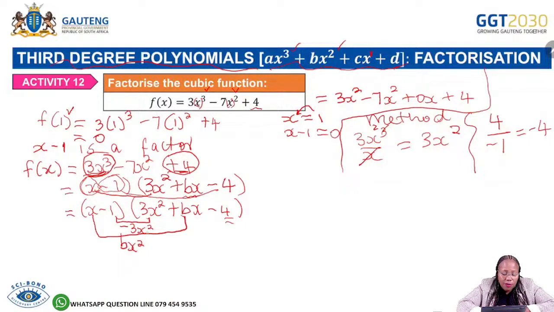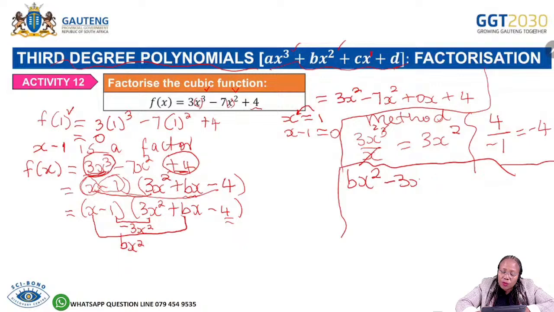And then now the values that you have, that is bx squared minus 3x squared. This will be equalized to the x squared in your equation. Because we are talking about x squared here, it will be equal to minus 7x squared. Can you see that?